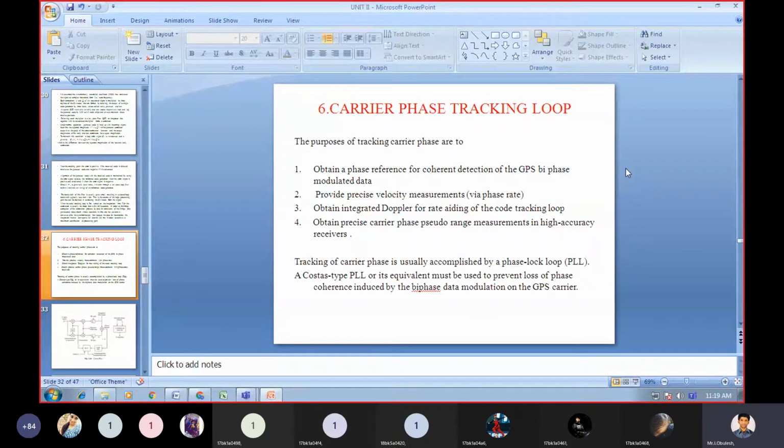And the fourth one is to obtain precise carrier phase pseudo range measurements in high accuracy receivers.